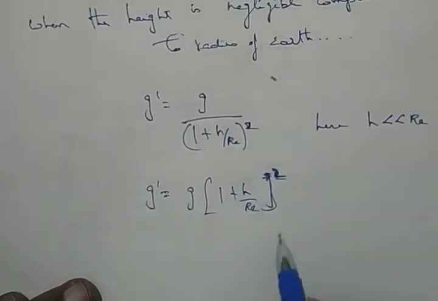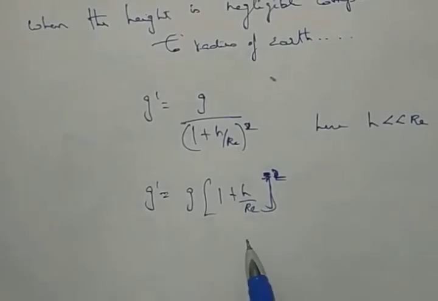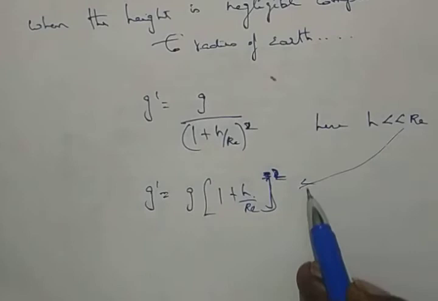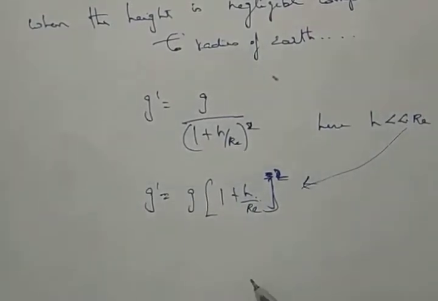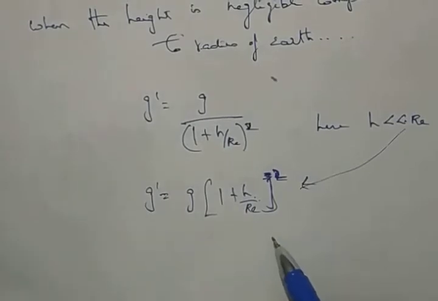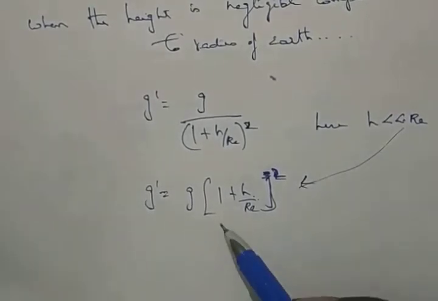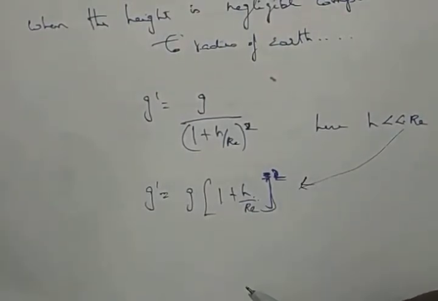Now since the height is very less than re, we have to apply a theorem called Binomial Theorem. Binomial Theorem always applies to 1 plus a value which is very negligibly small.